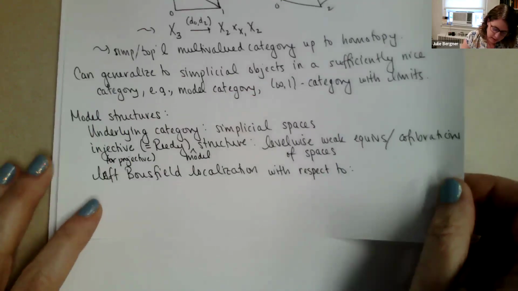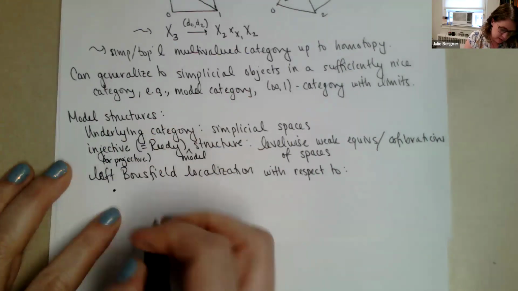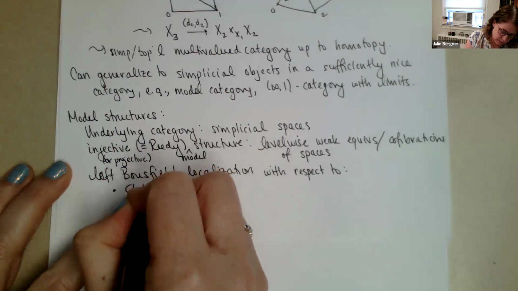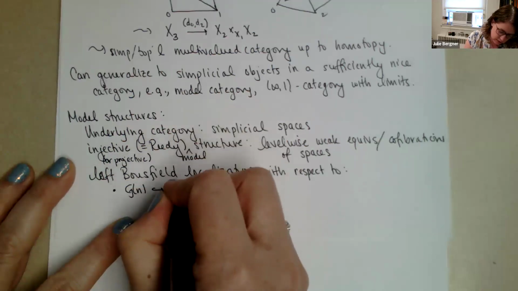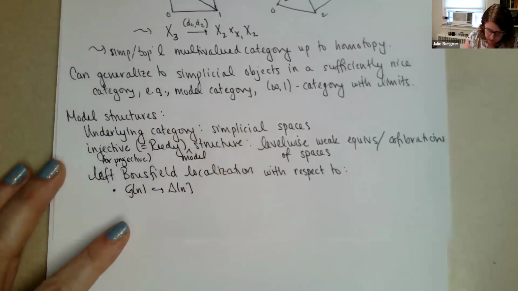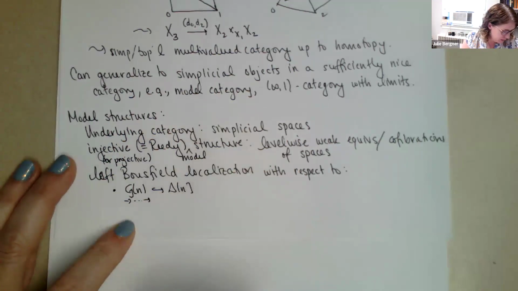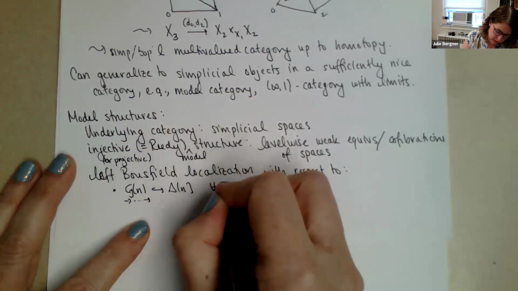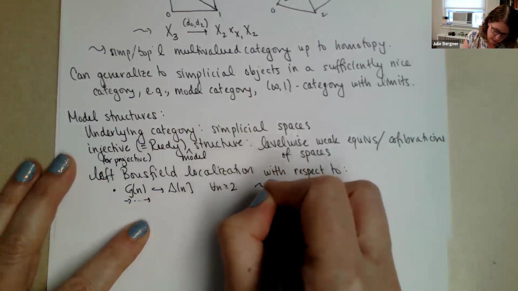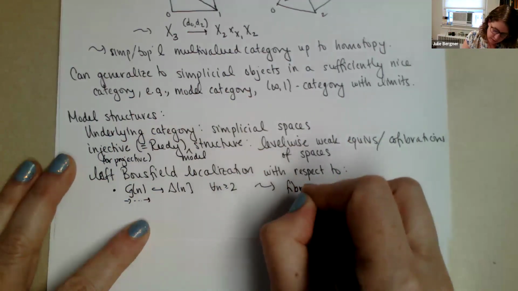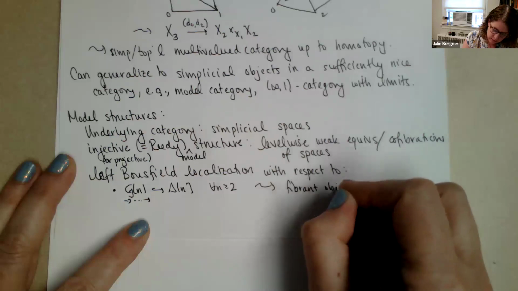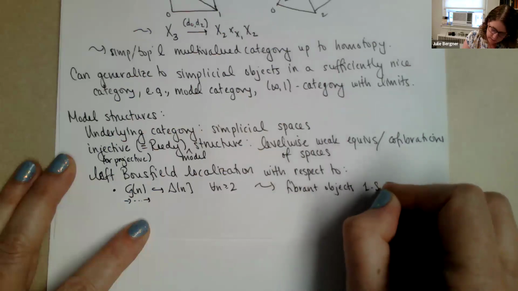And so the idea is if you want 1 Segal spaces, then you localize with respect to these maps, G^n to Delta^n. So these were the things that look like strings of composable arrows, including as the spine. And if you do that, you get something where the fibrant objects are 1 Segal.